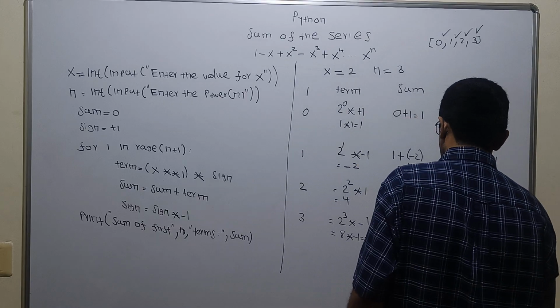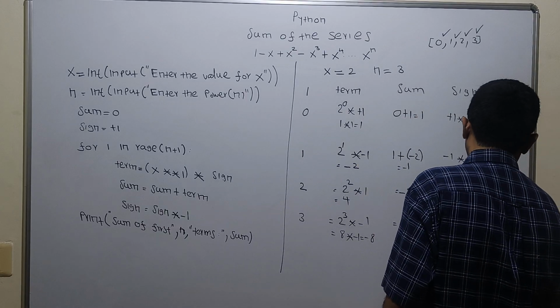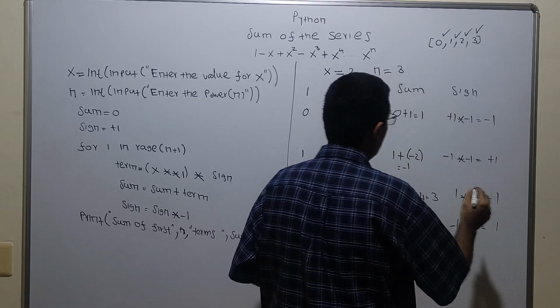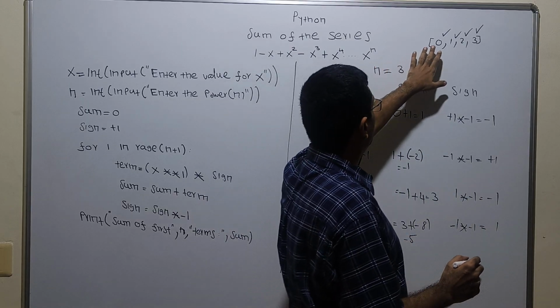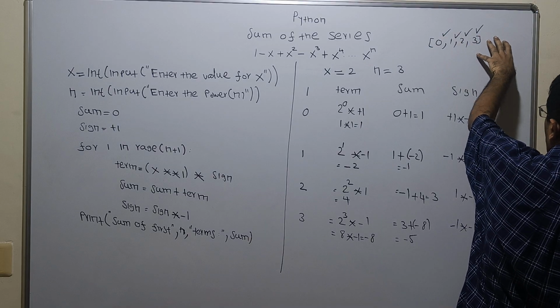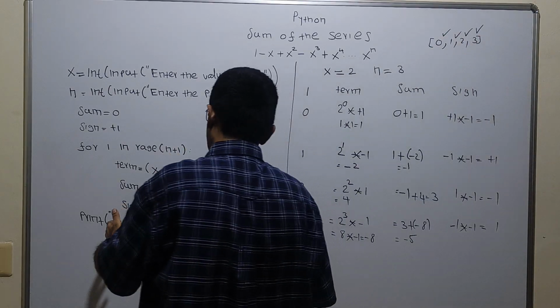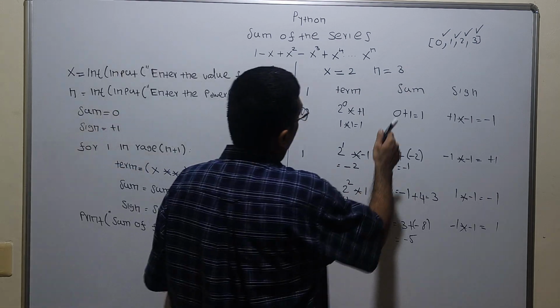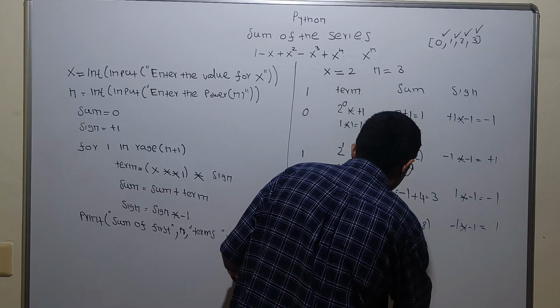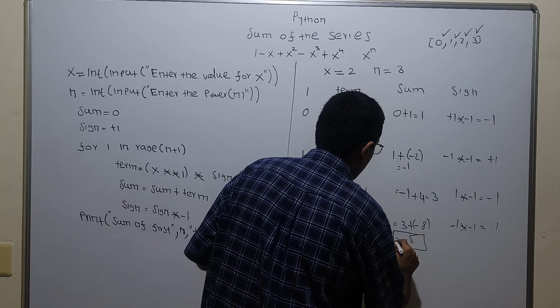Sign equal to minus 1 multiplied with minus 1, which becomes plus 1. Now all the values in the list are taken by the loop variable, so the sequence is over. Control will come out and print sum of first 3 terms colon, that is sum, equal to minus 5, is the answer.